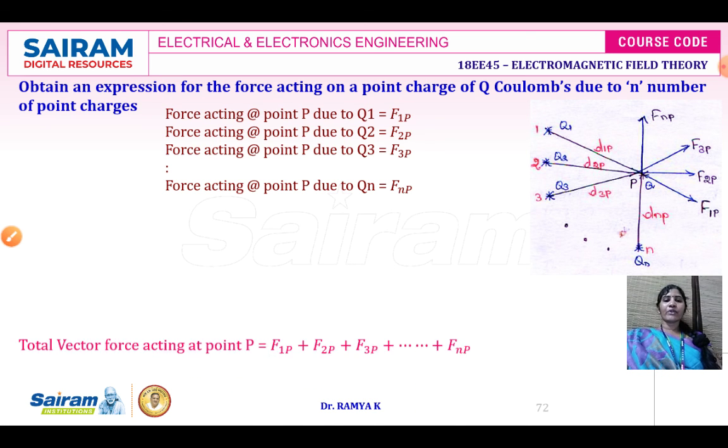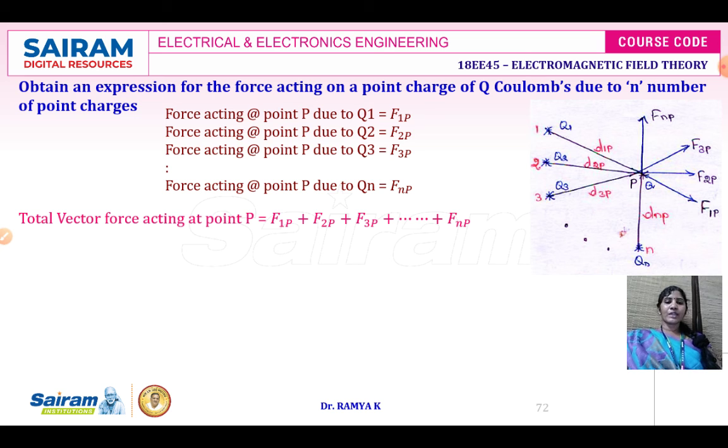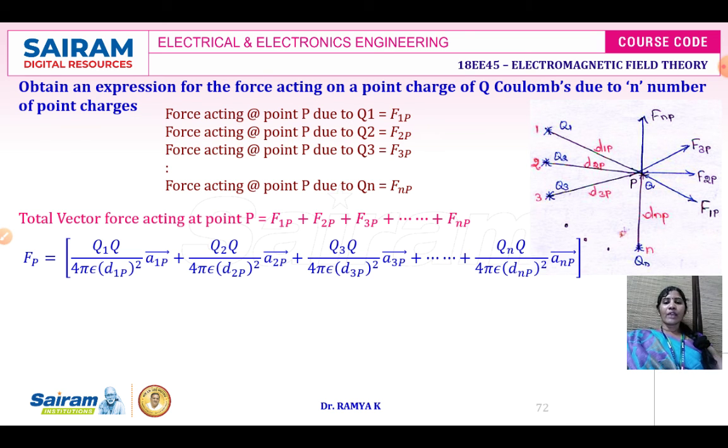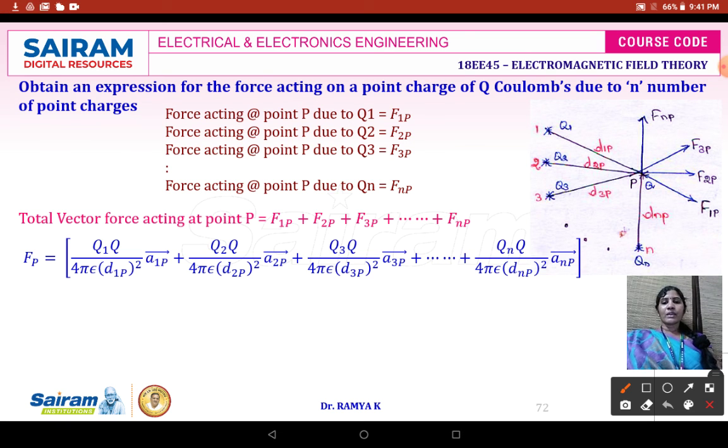For F1p, the charge available at point 1 is Q1, and the charge available at point P is Q. So Q1 into Q divided by 4 pi epsilon, which is a constant, d1p square. d1p is the distance between point charge 1 and point P, and the unit vector will be in the direction from 1 to P.